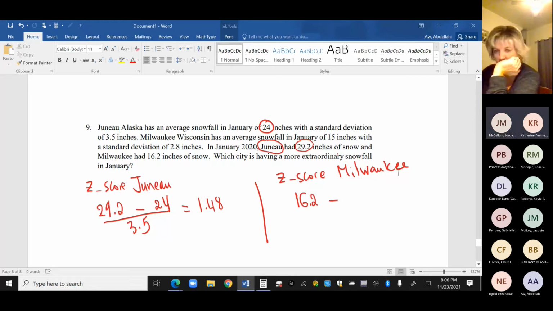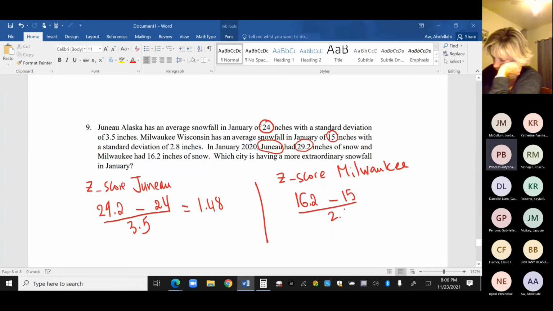What is the average for Milwaukee? 15. 16.2 minus 15 divided by 2.8. We got 0.42. Yeah, that's what I got.